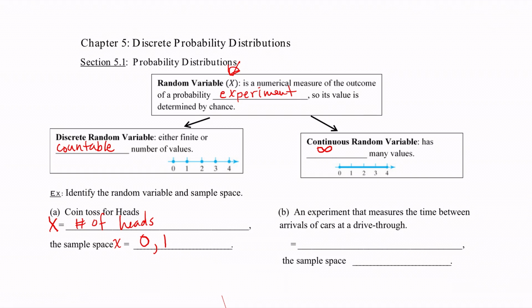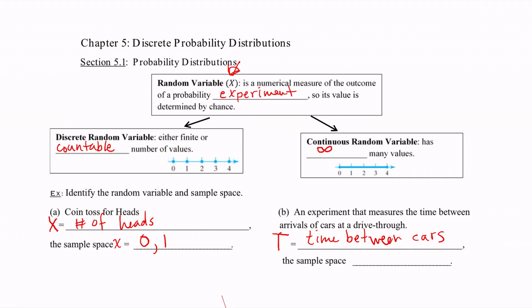And in the example to the right, here we're thinking about, with a continuous random variable, an experiment that measures the time between arrivals of cars at a drive-through. Well, in this case, our random variable t will represent the time between cars at a particular drive-through.